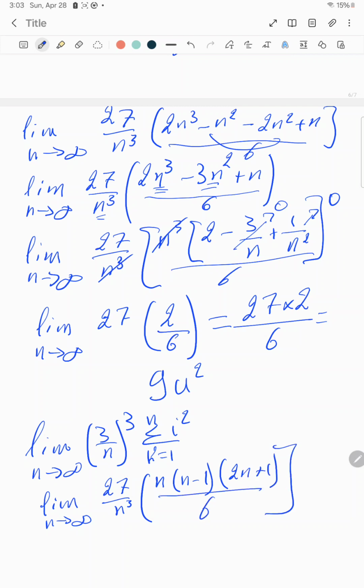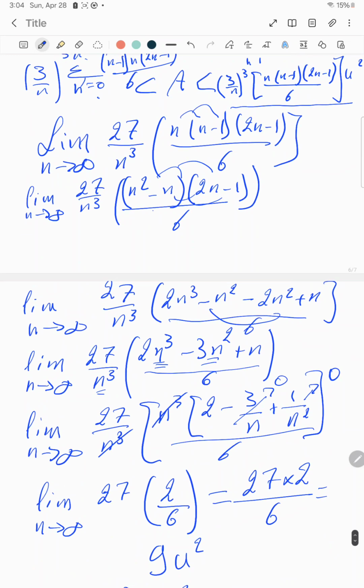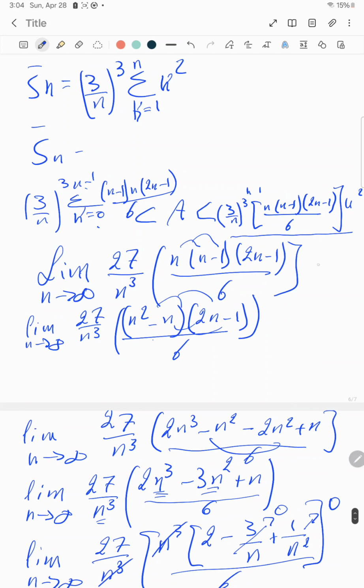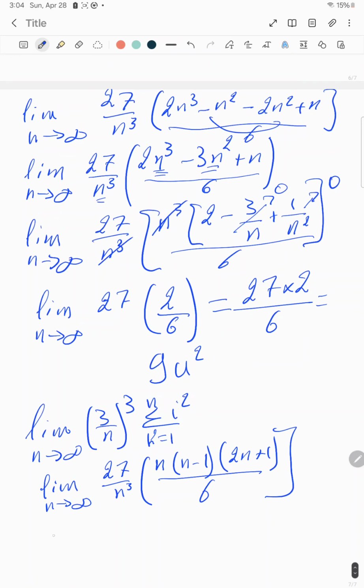That's the formula I'm applying, and you follow exactly the same logic that we followed here, and you will have it's equal 9u squared. So the lower bound is equal to the upper bound, and that's how we find the exact limit.